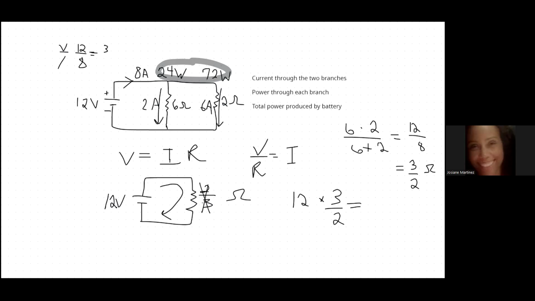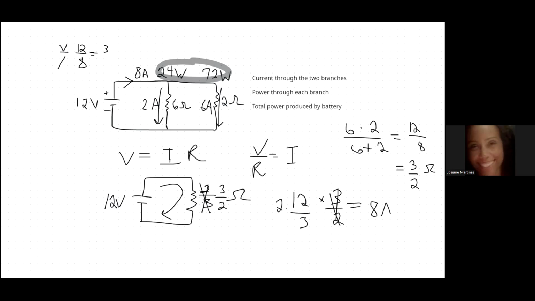All right. And now we're going to take the formula for Ohm's law again. Now it's V over R. We're going to solve for our current. So it's V over 3/2. That just is 2/3 times 12, and I get 8 amps.